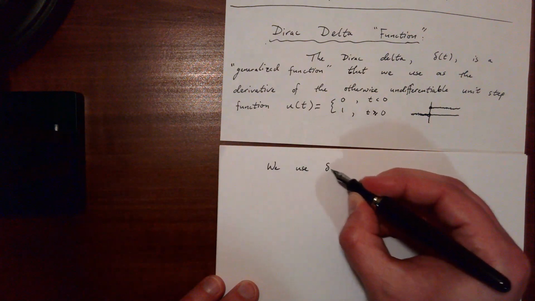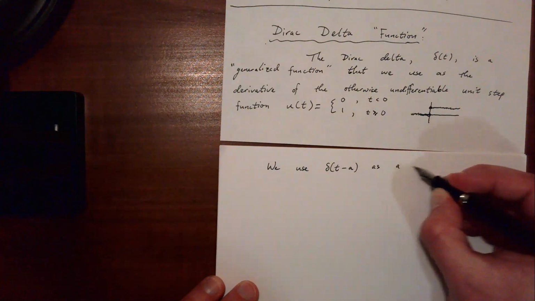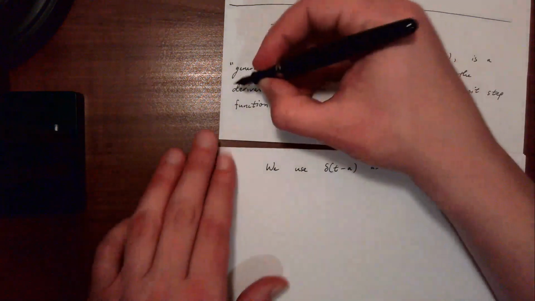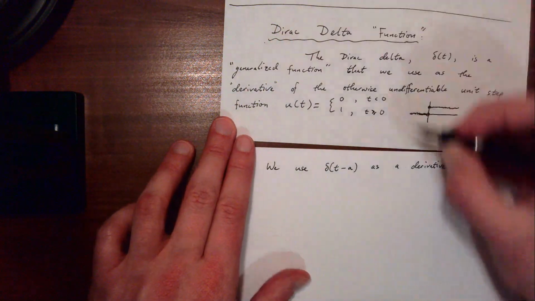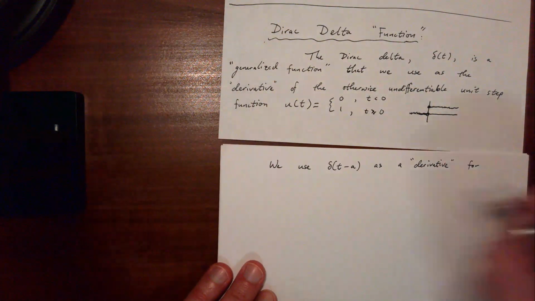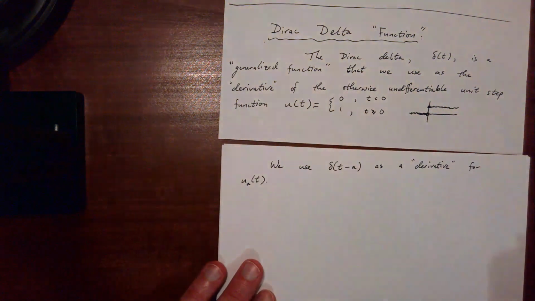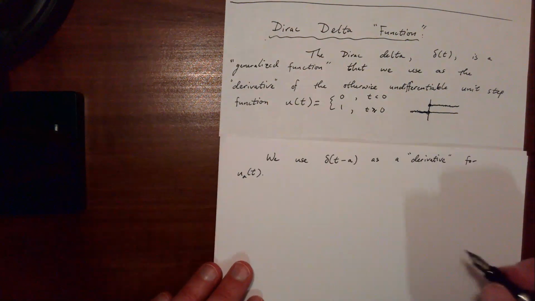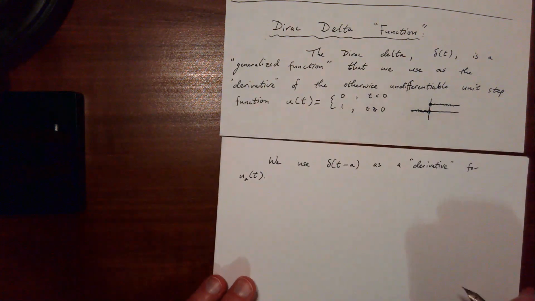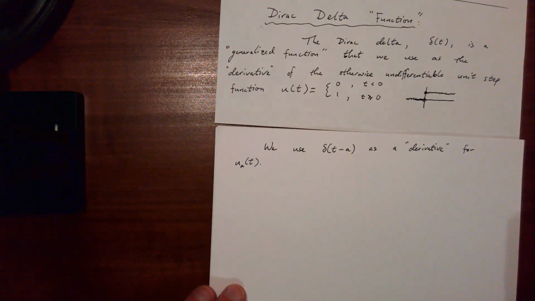We use delta of t minus a. Actually, I feel dirty writing derivative. Why don't you put some quotes on it? Quotes, quotes, quotes. For u sub a of t. And this function, the delta function, basically represents applying a unit of instantaneous sudden impulse.